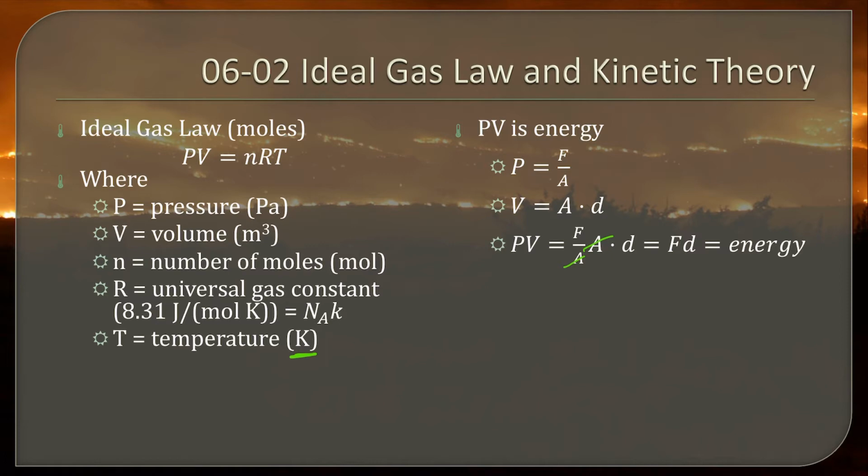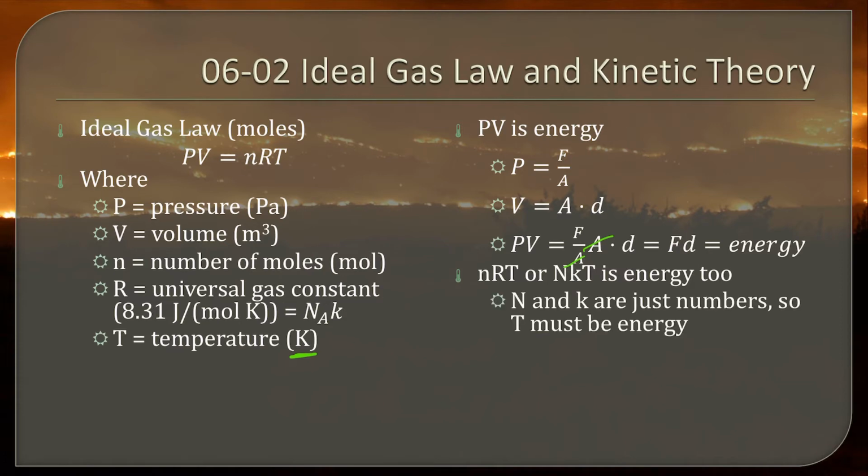Oh wait, that's work or energy. So that means the nRT or the NkT must be energy too, since PV equals that. n and k are just numbers, and so is the R. So that means T must be energy. So T is the average kinetic energy of the molecules.